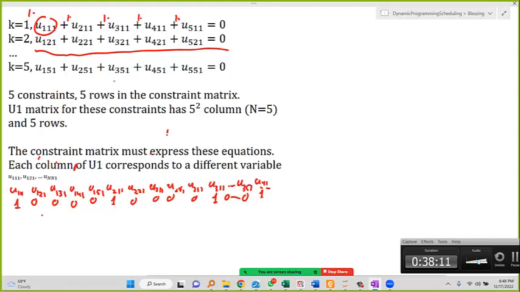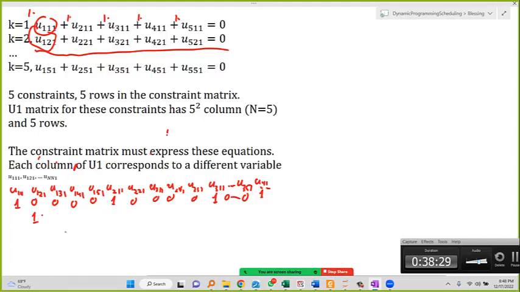Okay. Where is U1, 2, 1? Which column has U1, 2, 1? That's U1, 2, 1. That's the second column. Yes. Okay. Where else?